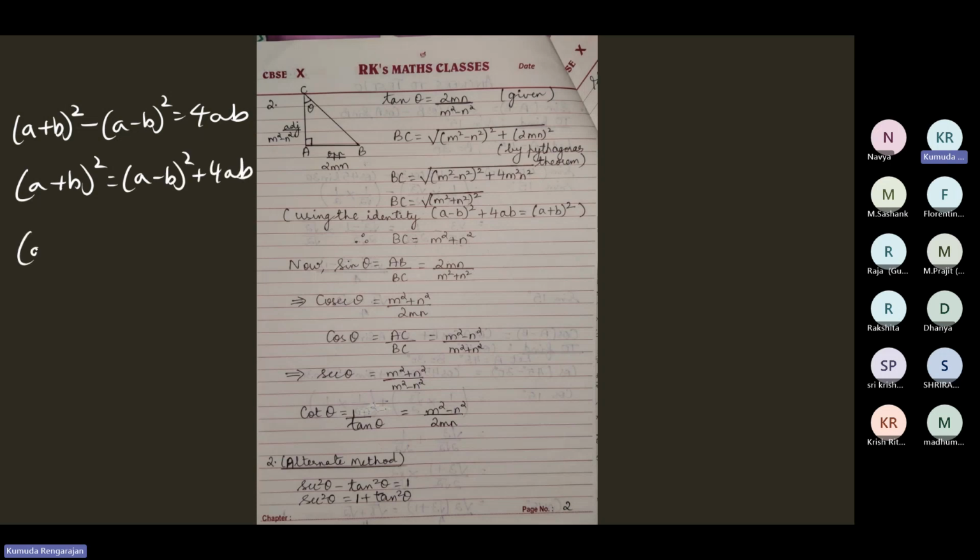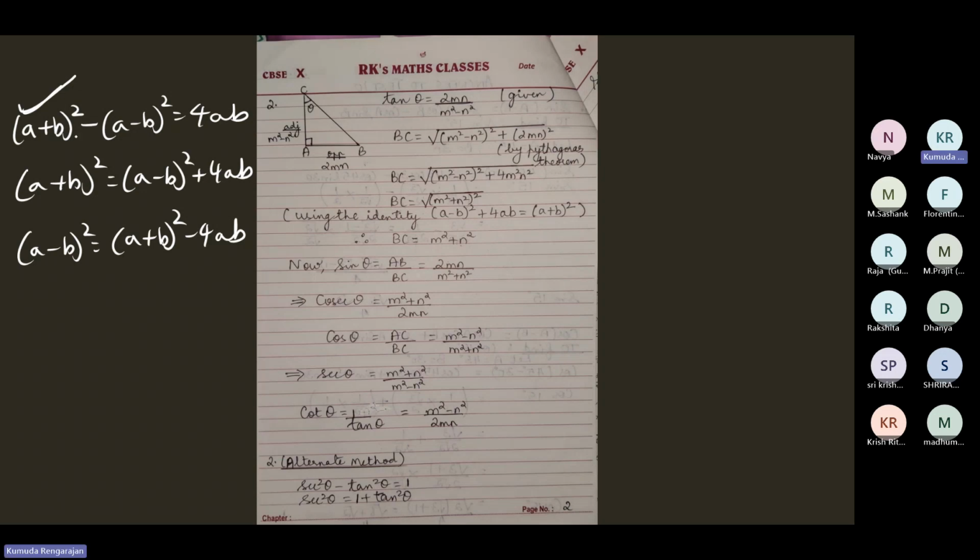Also a minus b the whole square is equal to a plus b the whole square minus 4ab. Simply by transposing we get the other two. Remember this one: a plus b the whole square minus a minus b the whole square is equal to 4ab.